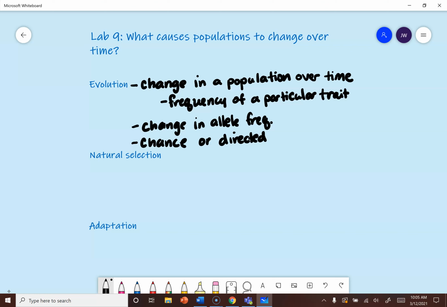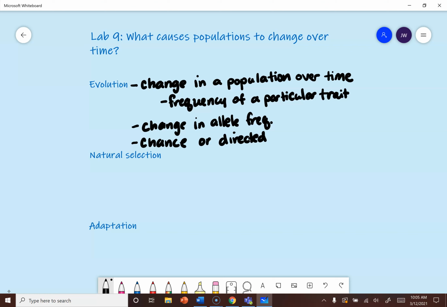These are not causing evolution to happen in a particular direction or because individuals have a particular trait. When evolution happens by chance, we see changes that happen regardless of the particular characteristics that an individual has. Essentially, it is change that happens because somebody's in the wrong place at the wrong time, or because somebody's in the right place at the right time.